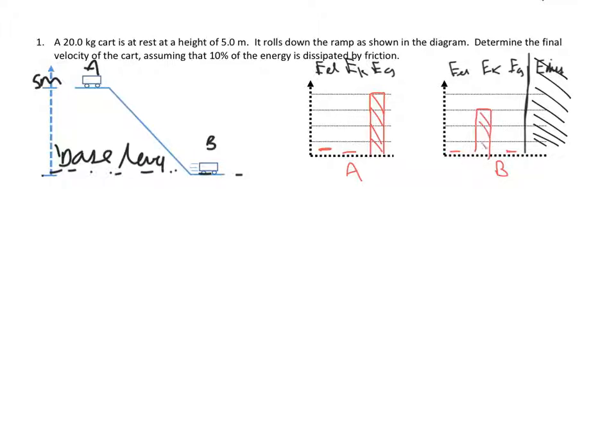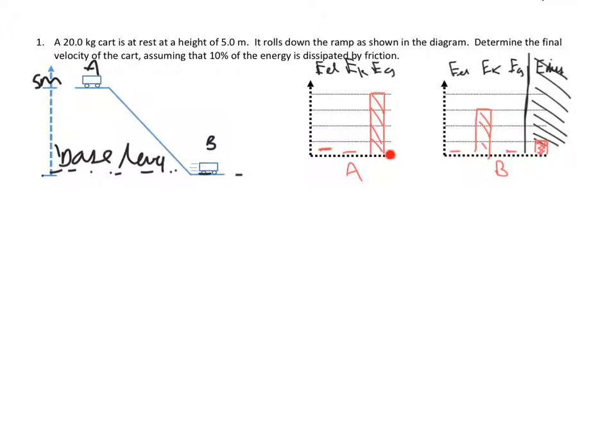So I'm going to have kinetic energy and dissipated energy. And once again, the only thing that dissipated energy means is that it's energy that has left the system, usually because of friction. You'll notice that the number of bars in A is still equal to the number of bars in B. This will be true anytime you're having energy leaving the system.